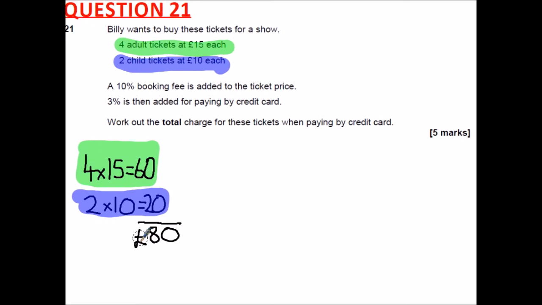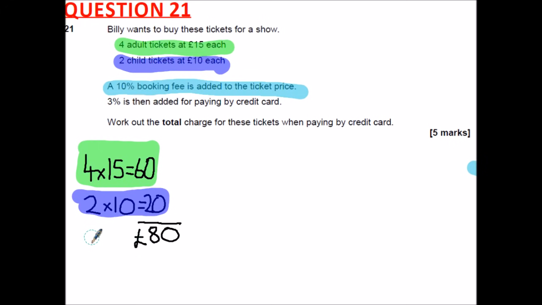But now we've got 2 separate charges to consider. The first one is this booking fee, a 10% booking fee, and separate to that is a credit card fee of 3%. A common mistake for this question is to combine the 10% and 3% together in one step as 13%. But what you need to do first of all is to consider separately 10% of 80.